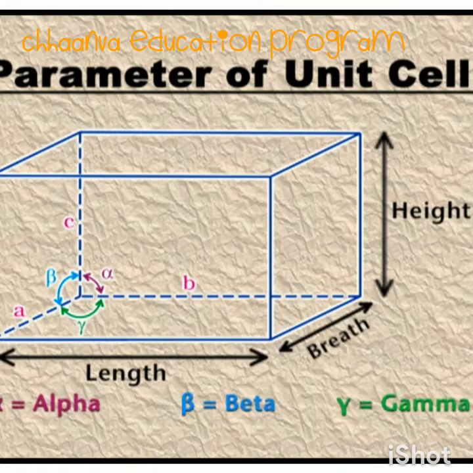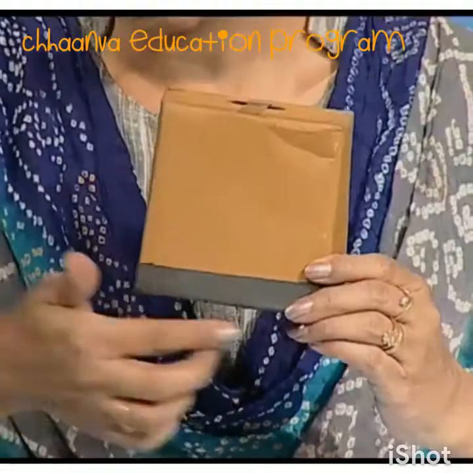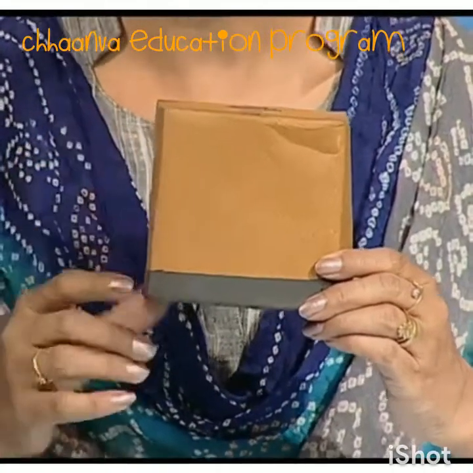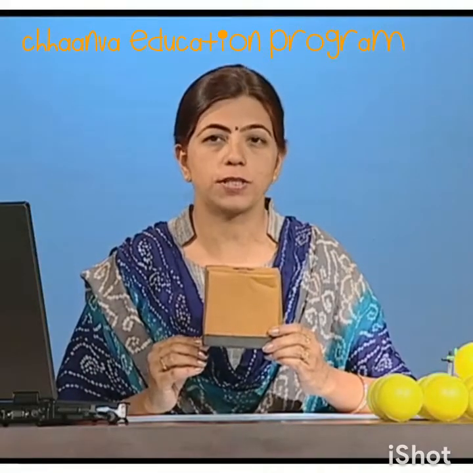To define any unit cell, we have to know the lengths of these 3 edges and the angles between these 3 edges. Let's see the 3 dimensions: the length, breadth and height. We must know these to define a unit cell.